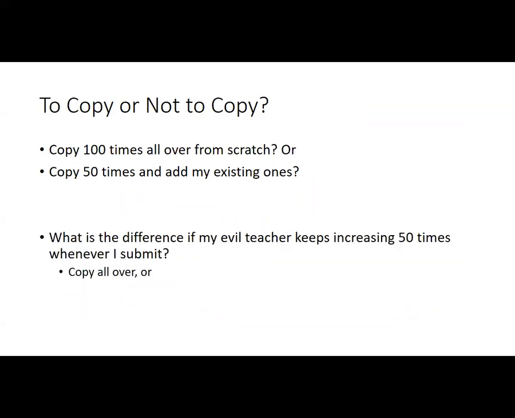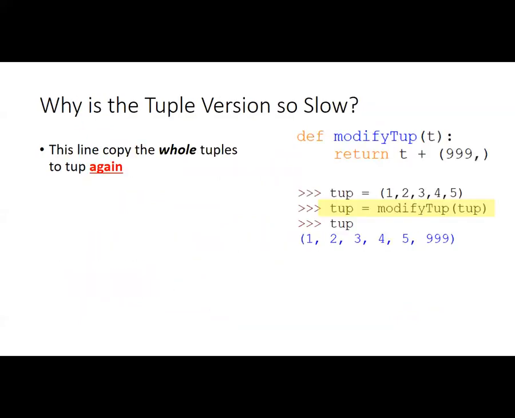Okay, let's try. If you use the tuple method, each time you have a new tuple, it's like the first dumb method of my copying. If you have the list 1, 2, 3, 4, 5, 9, 9, 9, you actually have to copy the whole memory to the new variable. And the next time you add again, you copy 1, 2, 3, 4, 5, 9, 9, 9, 9, 9 again.